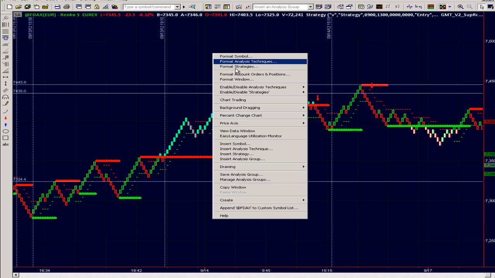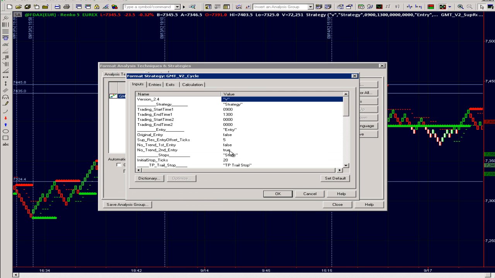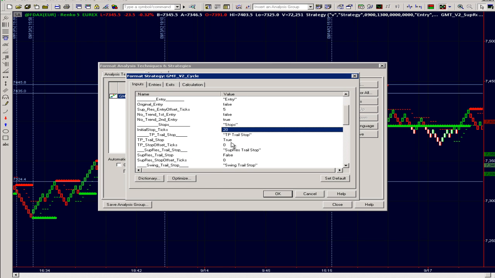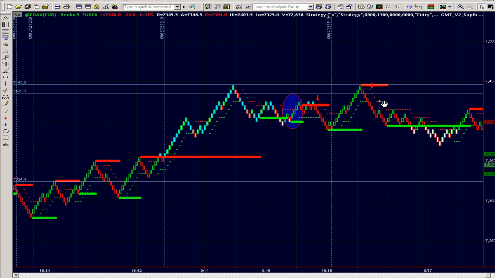Now, if you go back to the strategy, and if we go in here, so if we've got a trail, we've got that set at true and it's 0, then it'll be right on the red dot. If you set it at 0, it's right on the dot. If you set it at -5, my stop will basically be working above the market, 5 points just above that red dot there.